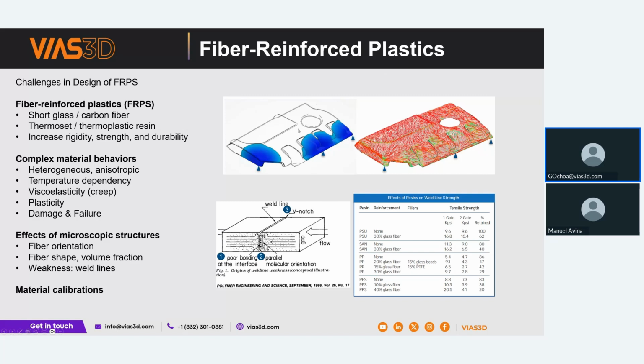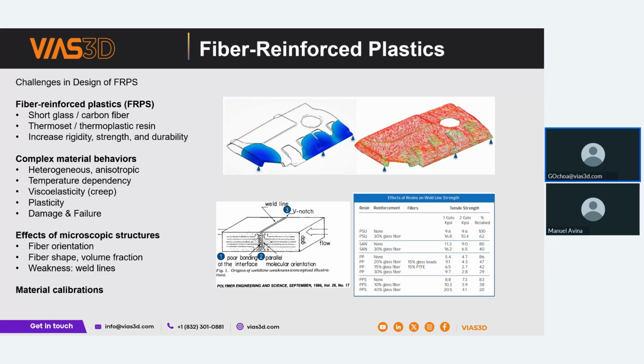So we know this is considering short glass or carbon fibers. The material or matrix could be a thermoset or a thermoplastic resin. And the main goal of this, from the structural side of things, the benefits are increasing the rigidity of the part, strength, and durability.